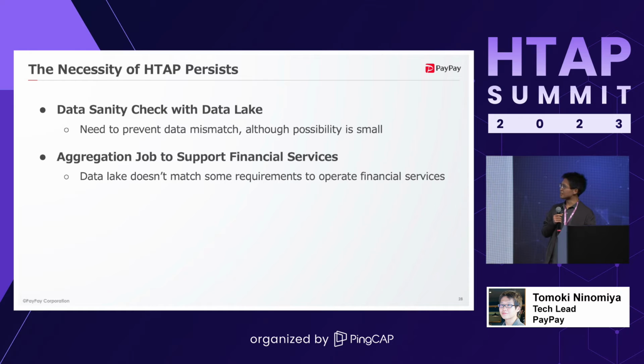And another one is an aggregation job to support financial services. Actually, we wanted to run it on the data lake, but it doesn't satisfy some requirements to run financial services. And if we run it on the primary cluster, as I mentioned, the current bottleneck is the storage layer, so it would add additional workload on the storage layer. So that's why we are still running it on Aurora.